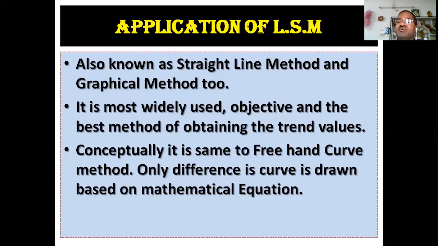We should find the trends by applying the formula of the least square method. Based on the trend values acquired using a mathematical equation, we make a plot on the graph paper and draw a line, and we get the straight line. So it may seem similar to the freehand curve method, but it is not the same.